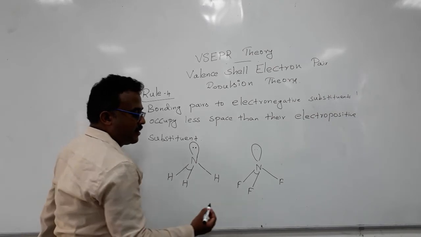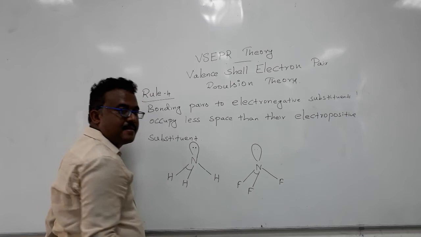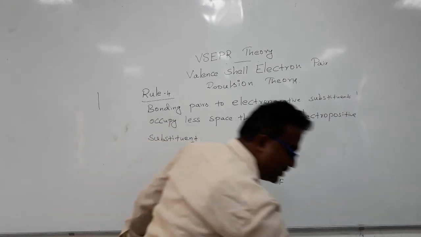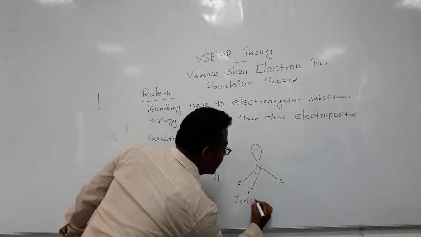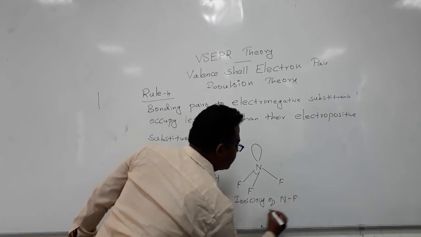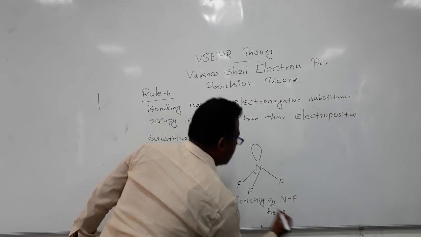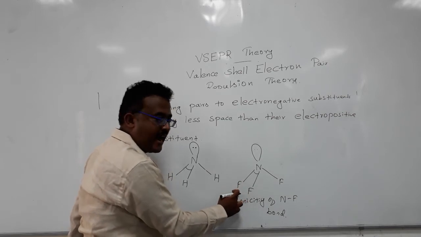So the answer is very simple. Simply the ionicity of the NF bond: this bonded pair of electrons will be nearer to the fluorine atom.